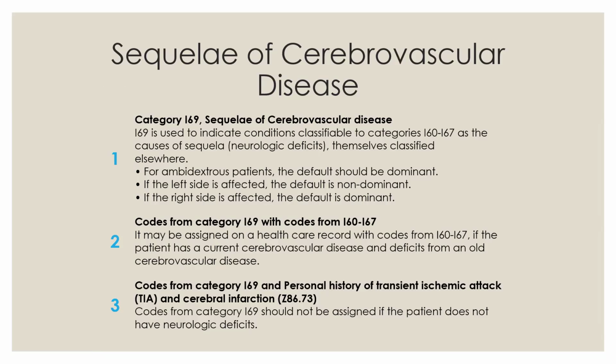categories I60 through I67. The neurologic deficits caused by cerebrovascular disease may be present from the onset or may arise at any time after the onset of the condition classifiable to categories I60 through I67.